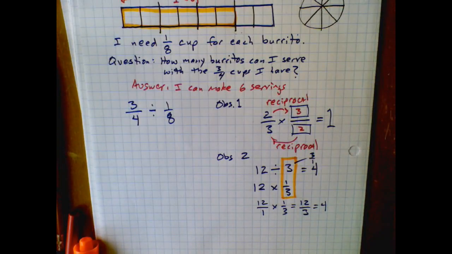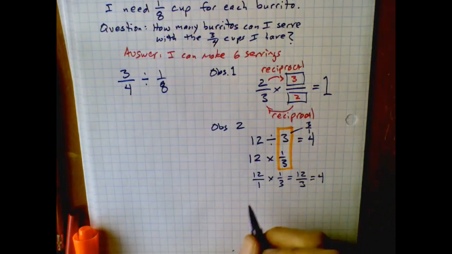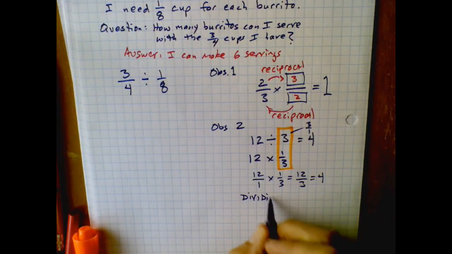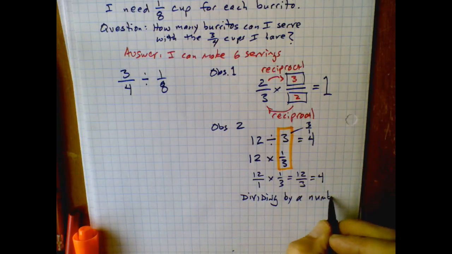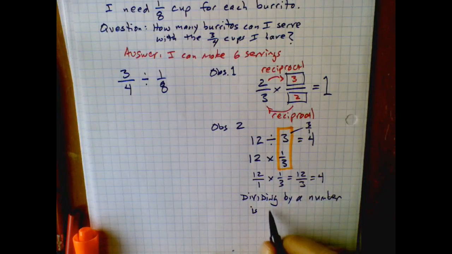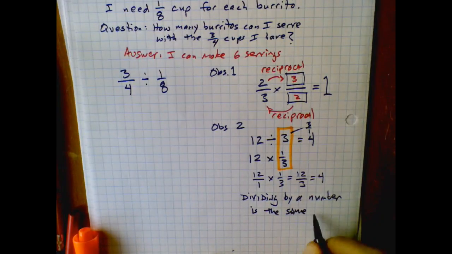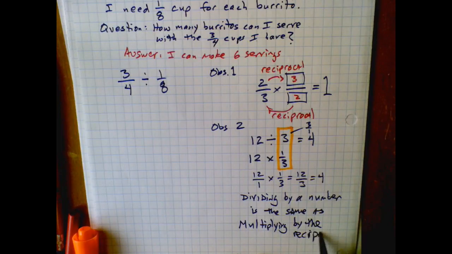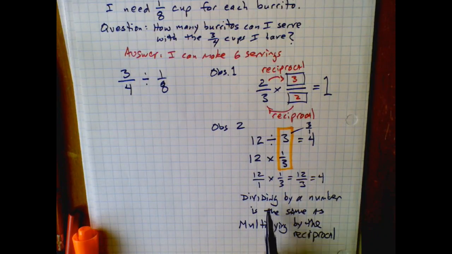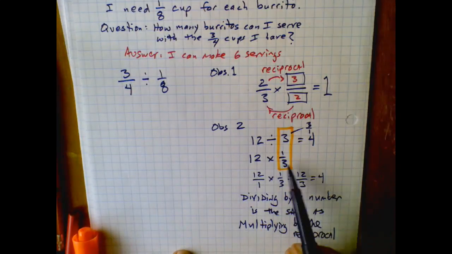So this brings us to a very powerful little conclusion, and that is dividing by a number, any number, is the same as multiplying by the reciprocal. So dividing by a number, 12 divided by 3, is the same thing as multiplying by the reciprocal.